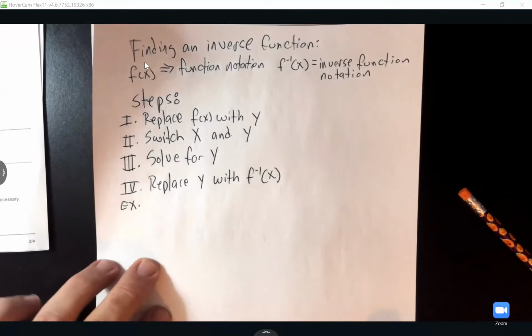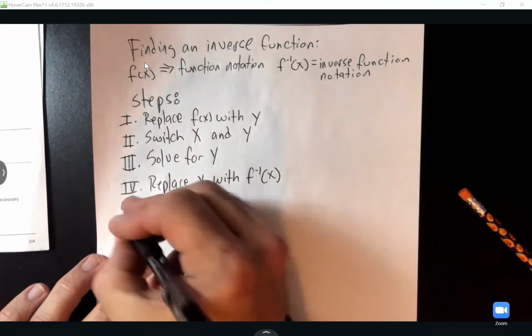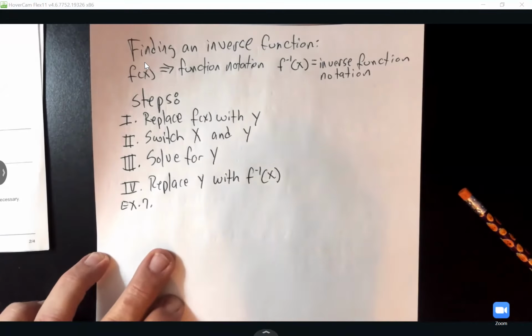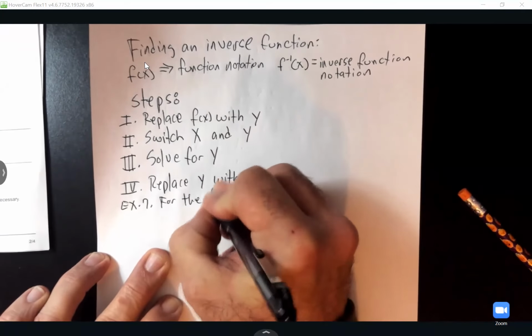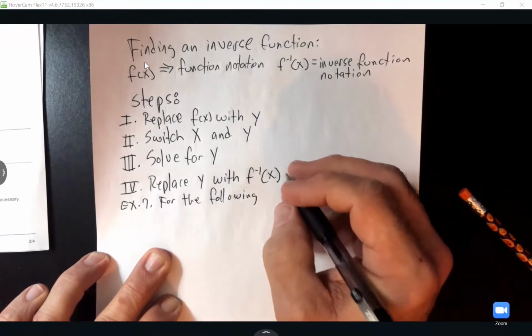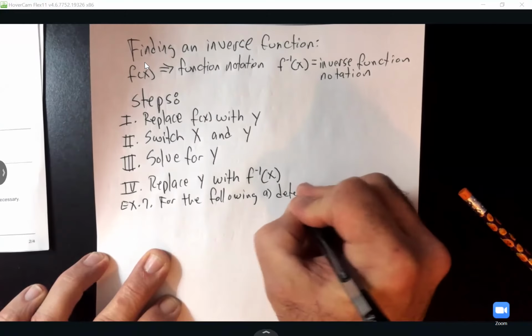Y'all, let's knock one of these out. So these will start at number 7 for you. So I'm going to sort of list what number I'm doing while we're going through. So it says for the following, determine if it's 1-to-1.